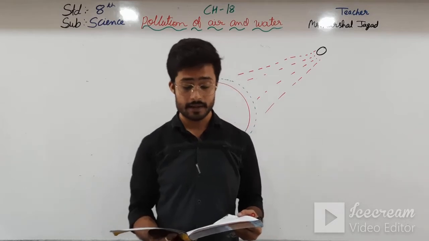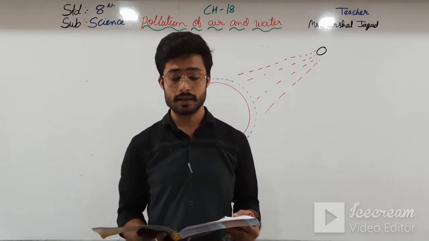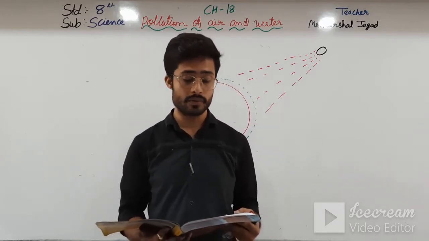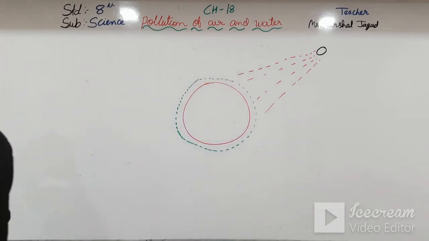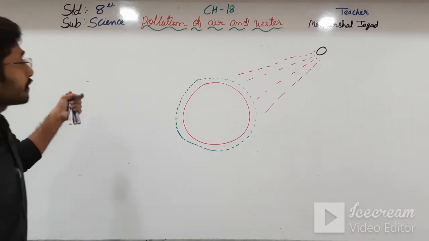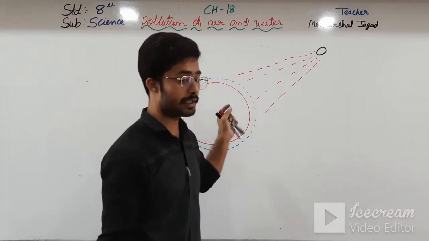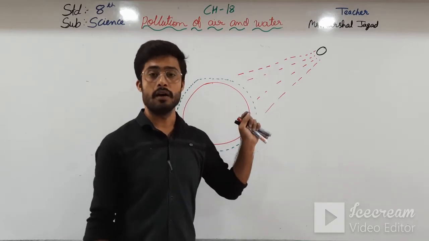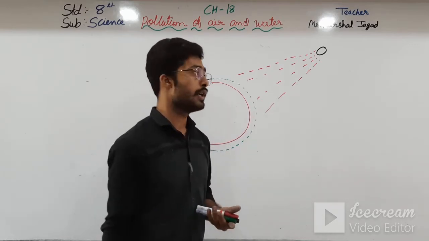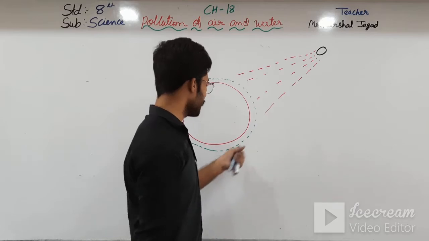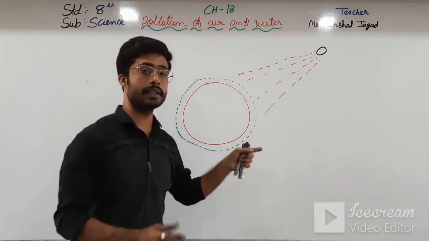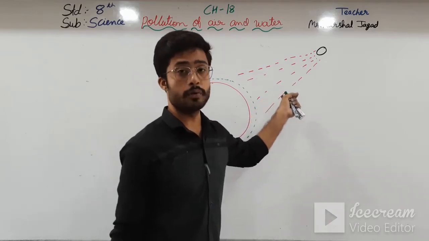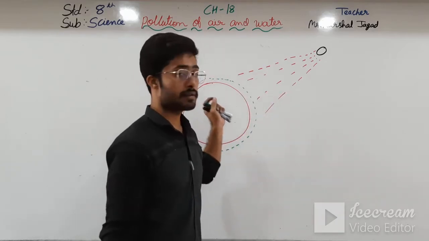Chlorofluorocarbons, CFCs or freons, react with the ozone gas, which leads to depletion of the ozone layer. So this is the effect of air pollution on the ozone layer, which protects us from the harmful UV rays that come from the sun.